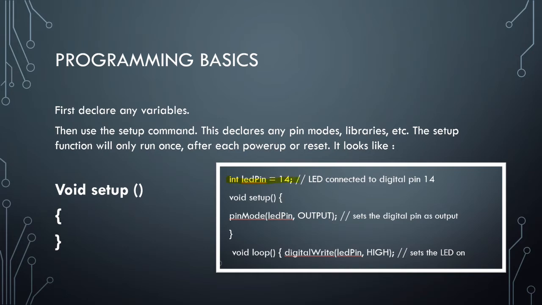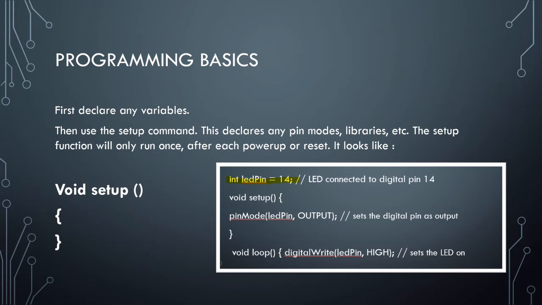So that's this first line right here. I'm simply saying that pin number 14, I'm just going to call it LED pin in the rest of the program. So you can see I'm assigning a label to that pin. So that's my variable. So the first thing I'm going to do is lay out all my variables in the program and define them like so.